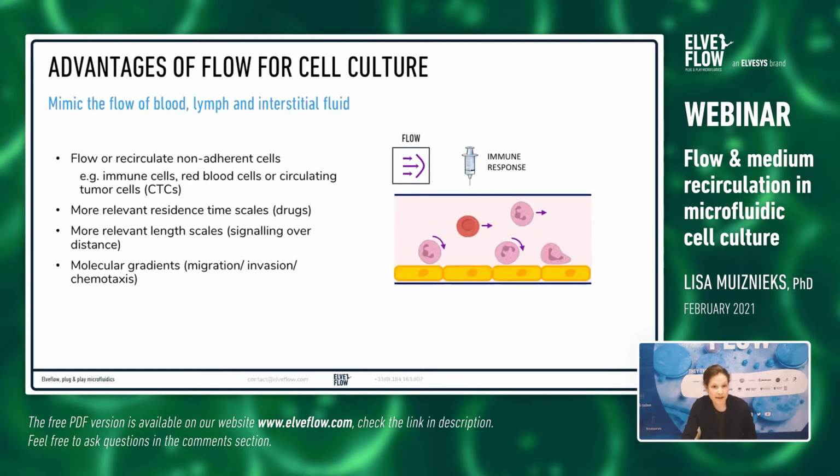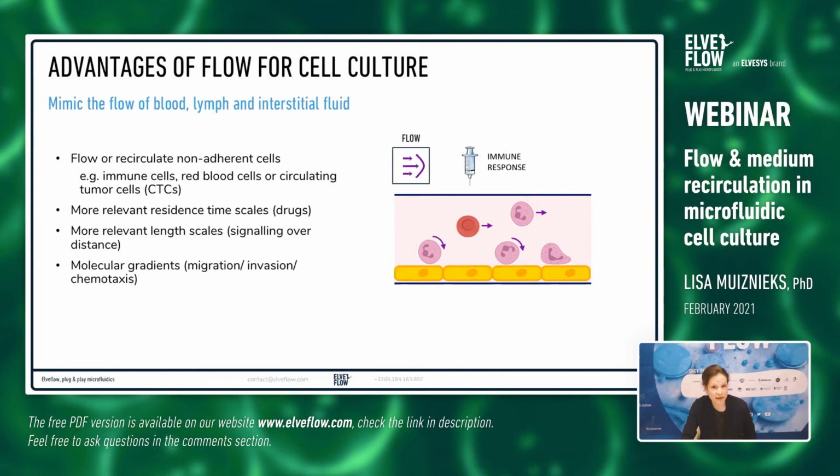Other advantages of mimicking physiological fluid flow over cells in culture are to incorporate non-adherent, naturally circulating cells to an experiment, such as immune cells, red blood cells, or circulating tumor cells, for studies of cell rolling and adhesion, immune response, or tumor cell metastasis and extravasation.